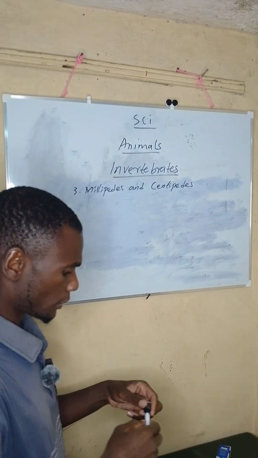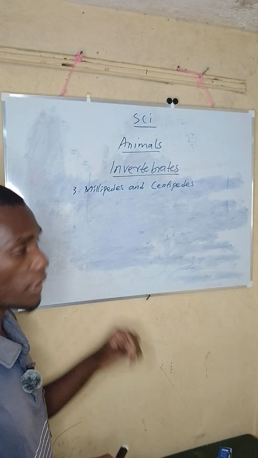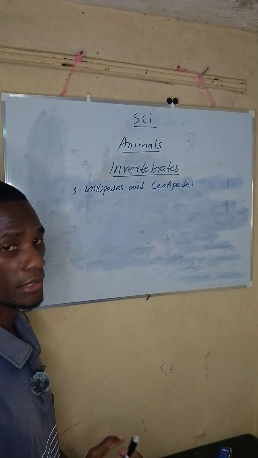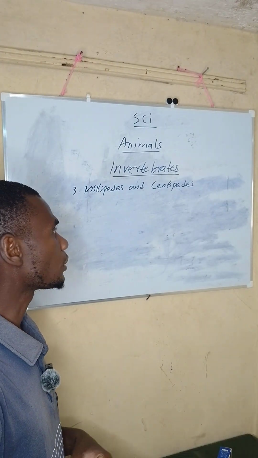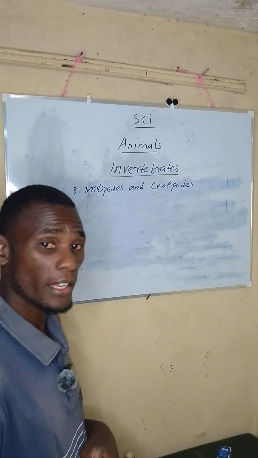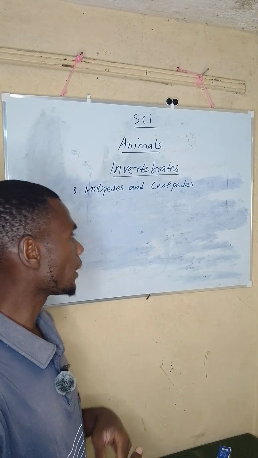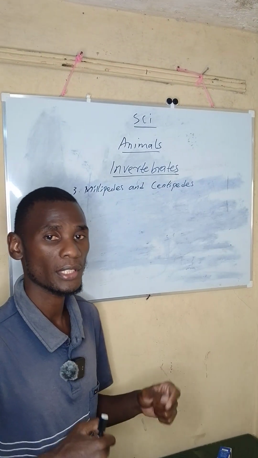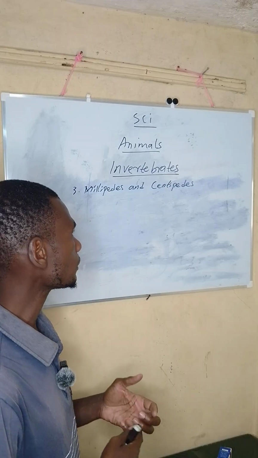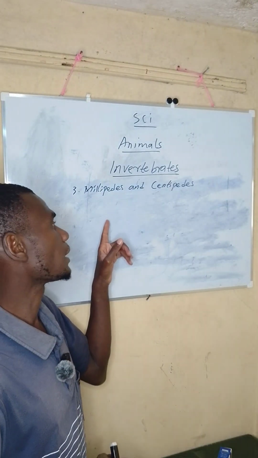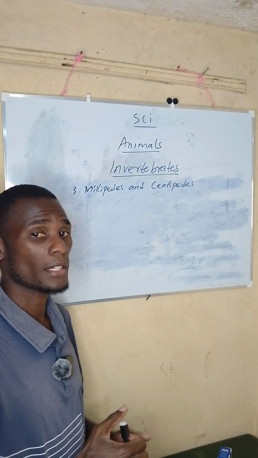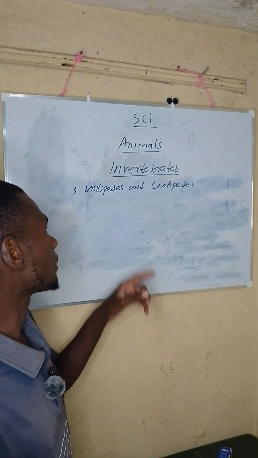These two animals are very difficult to differentiate, not only to the learners, even adults, especially if you have not really interacted with them. At the same time, these animals are not very common. They are very rare, especially the centipede.